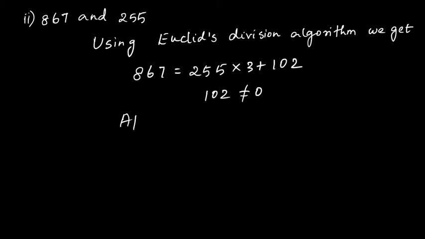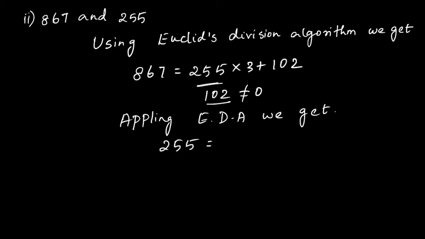So applying Euclid's division algorithm, we get, so write 255 in terms of 102. So 255 is equal to 102, maximum 2 times, plus you get a remainder 51. So again the remainder value is not equal to 0. So continue the same process.